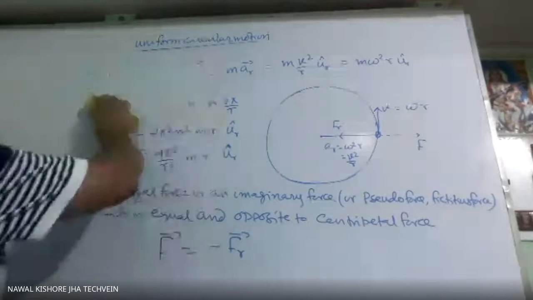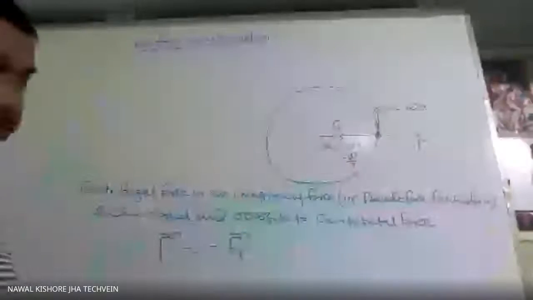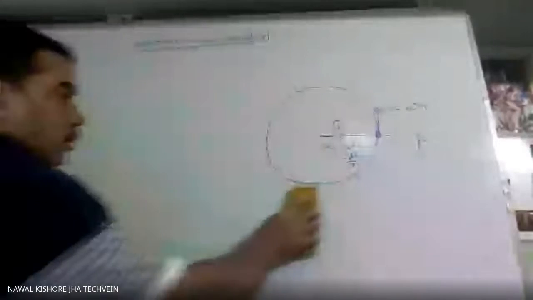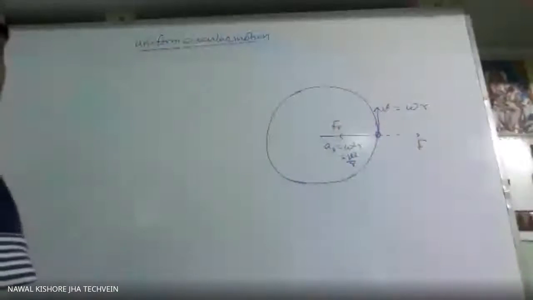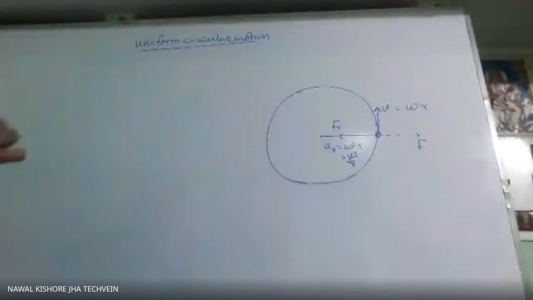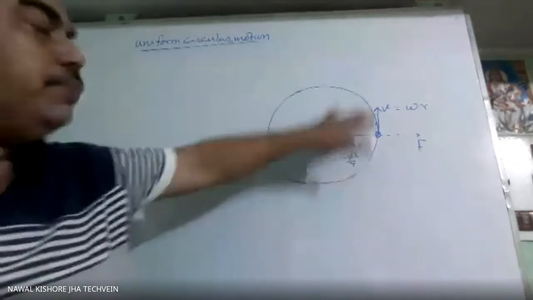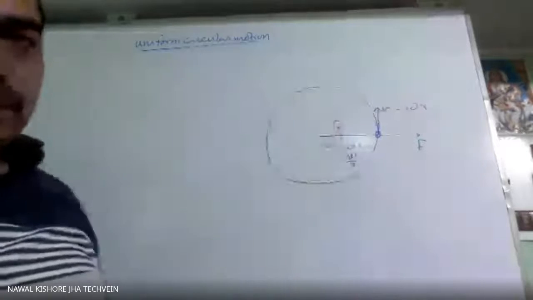Now some idea we will take about non-uniform circular motion. So this centrifugal force will always be equal to the centripetal force as long as the object is moving in a circular path.